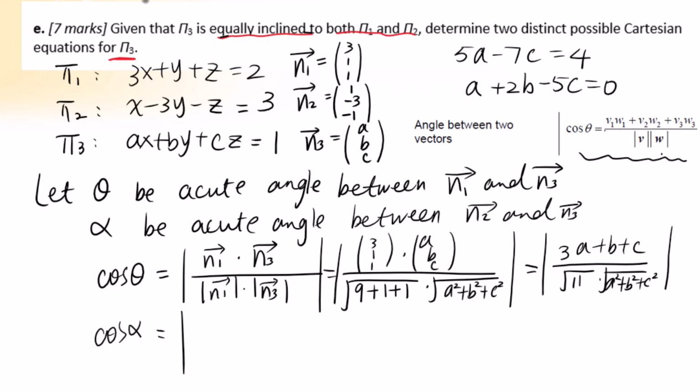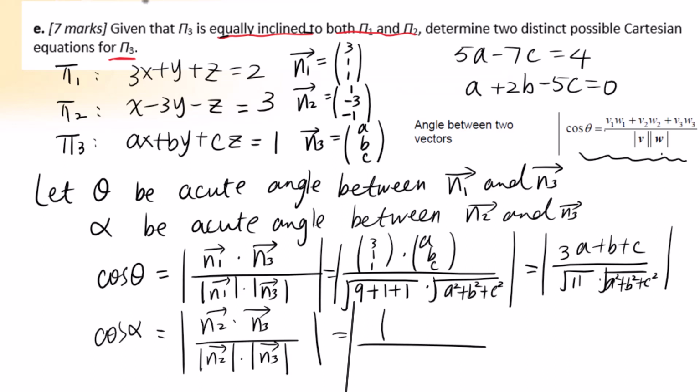Cosine alpha equals absolute value n2 dot n3, over the length of n2 times the length of n3, equals 1, negative 3, negative 1 dot A, B, C over square root. 1 squared is 1, negative 3 squared is 9, negative 1 squared is 1, times square root A squared plus B squared plus C squared.